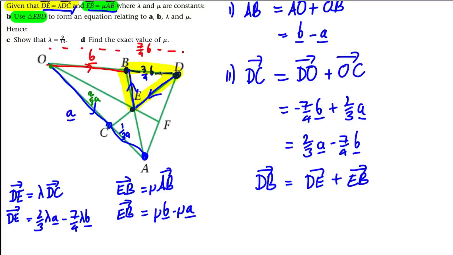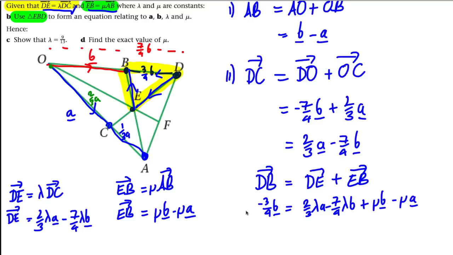Now what is D to B? Going back that way, it would be negative 3/4 B. So negative 3/4 B would be D to E, which we've got as this thing here. So it'd be 2/3 lambda A minus 7/4 lambda B, plus EB, which is plus mu B minus mu A.